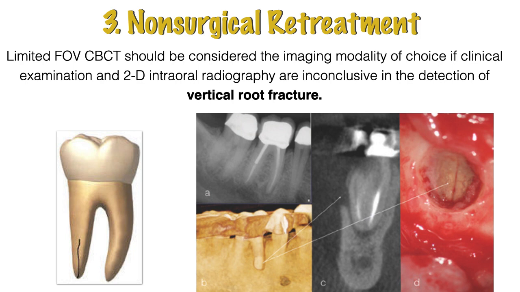And sometimes we're much more inclined to think that there's a fracture depending on the bone loss pattern, along with other clinical findings, obviously. But sometimes we still have to do an exploratory surgery, as it's shown here, to rule out or confirm a vertical root fracture.